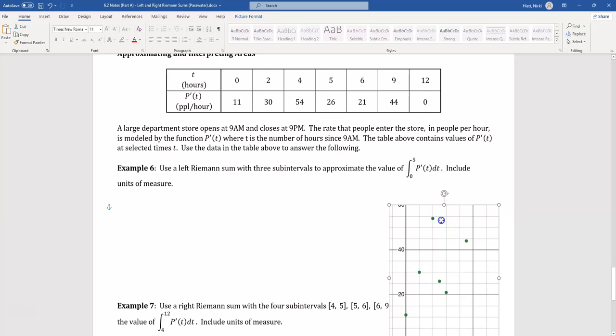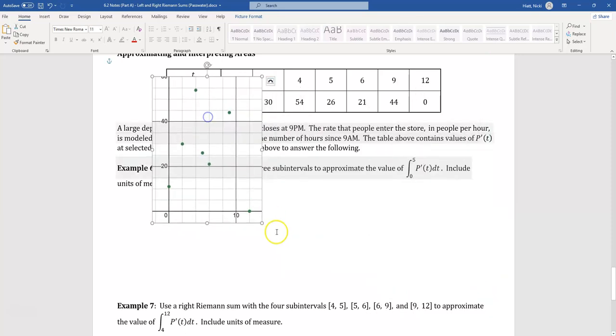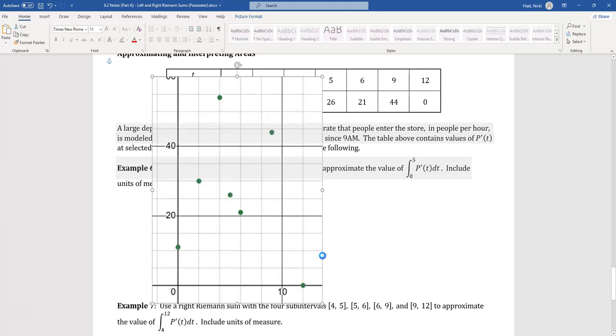So P prime of t would be this graph that I have here, and I'm actually just going to make it much larger and cover everything up here so we can see, right?